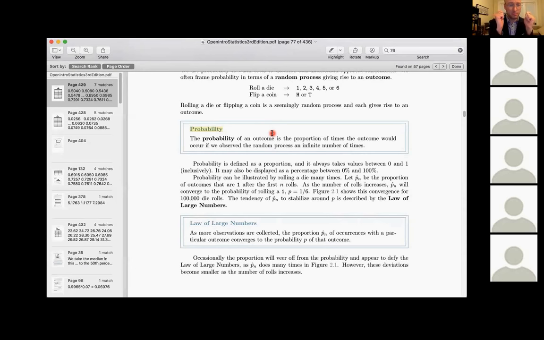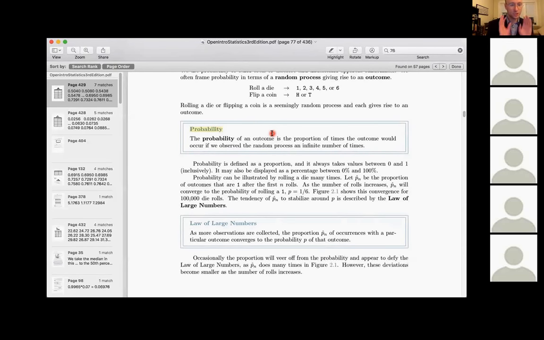And when we think about probabilities, we think of them as proportions. A proportion is also a percentage. So a two-sided fair coin has a 50% chance of getting a head and 50% chance of getting tails. And in terms of proportions, we describe that as a 0.5 chance of getting heads, 0.5 chance of getting tails.